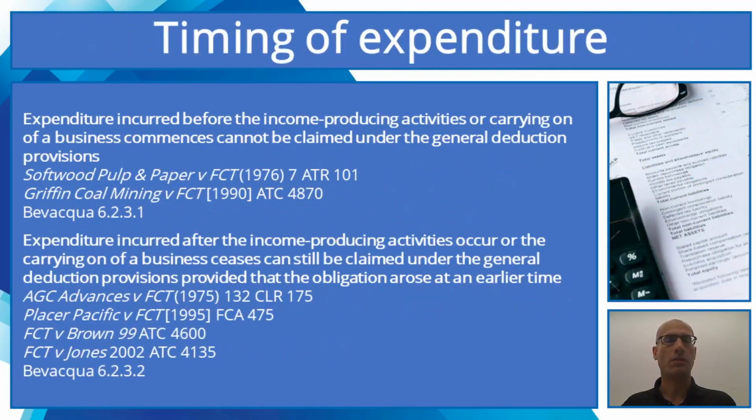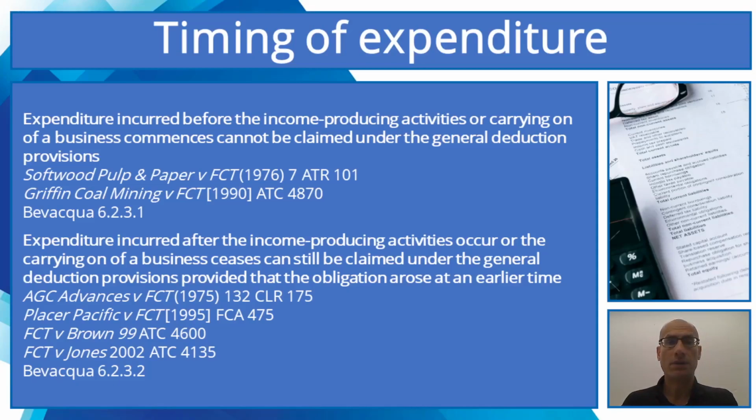One thing that the courts have quite consistently stated is that a particular loss or outgoing that is incurred before the relevant activities start, be they the income producing activities under the first positive limb or the business under the second positive limb, if those activities haven't started, you won't be able to get a deduction for them, at least under the general provisions.